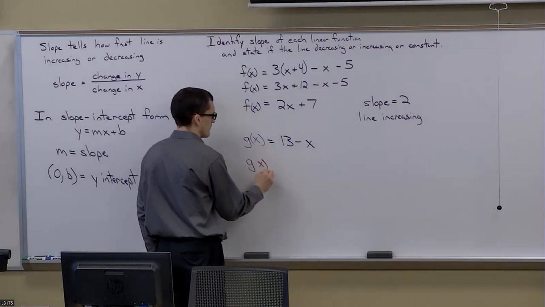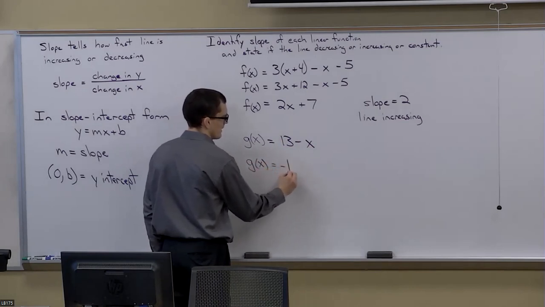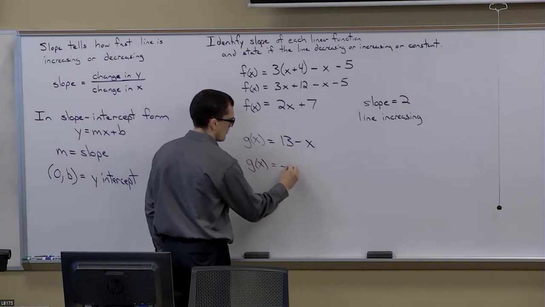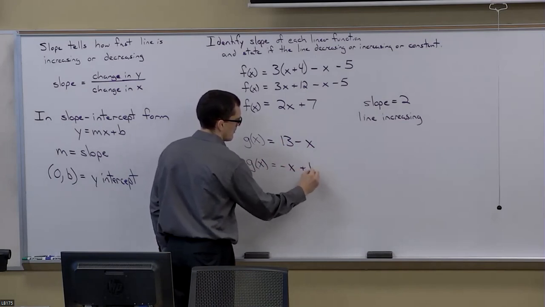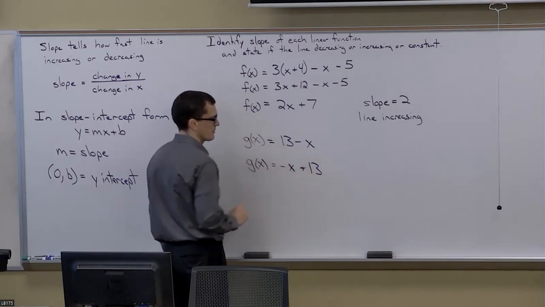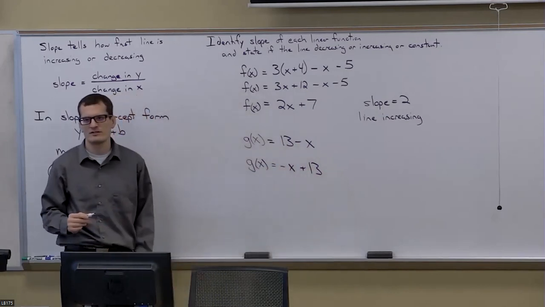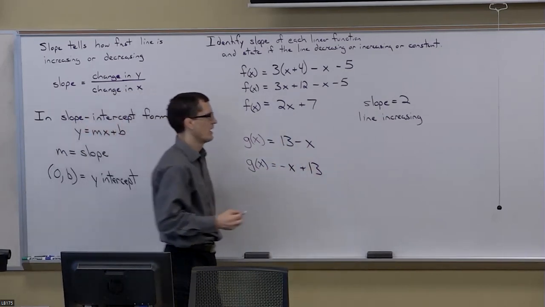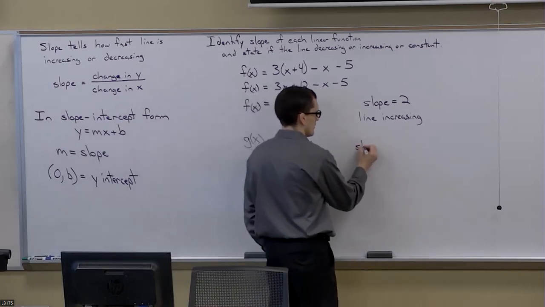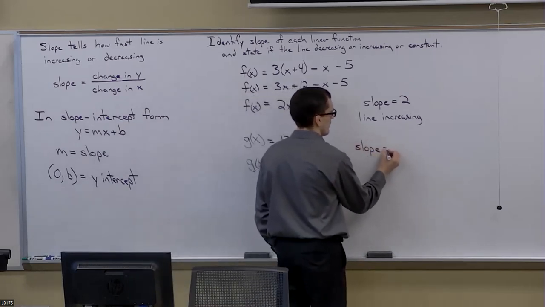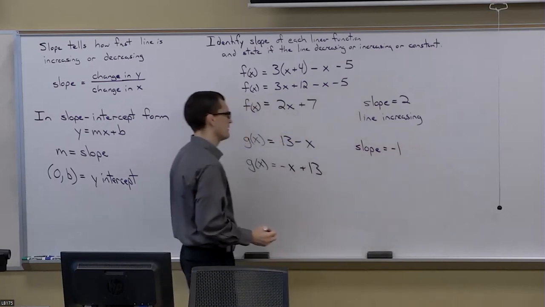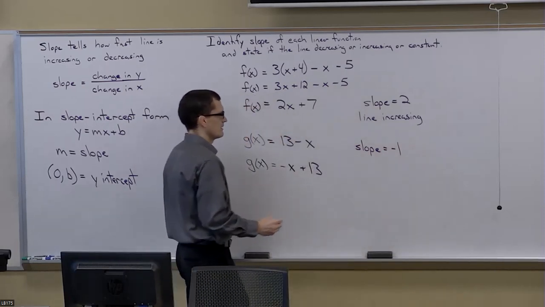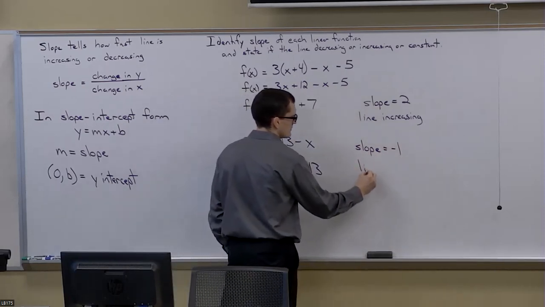So if I were to rewrite this by just flipping the order, negative x plus 13. Slope there is -1. The line, therefore, is decreasing.